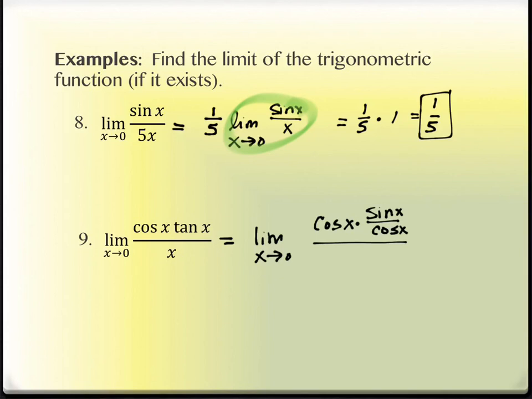Okay, so if we have the ability to manipulate, that's a good place to start. We may choose the wrong manipulation. It'll lead us nowhere. We know then we go back and we choose another manipulation. This one works really well. So what happens to the cosines on this? Yeah, they cancel. So we're left with just the sine of x that's on top. So I have the limit as x approaches 0, and it's really just the sine of x over x, but that's 1.